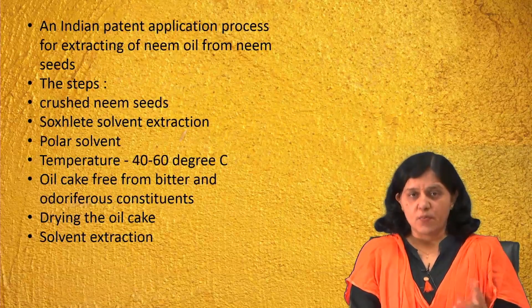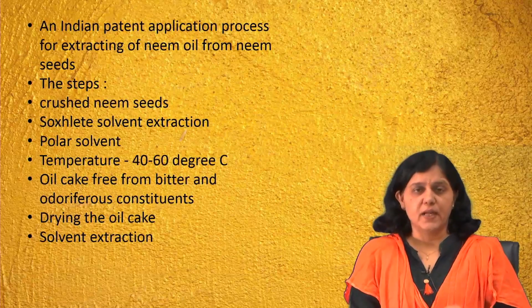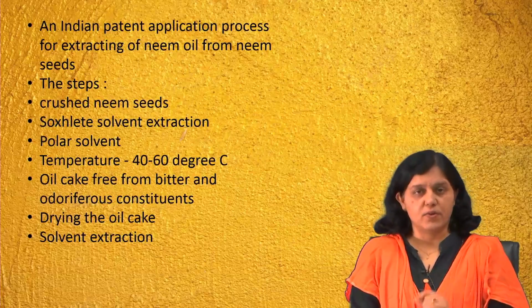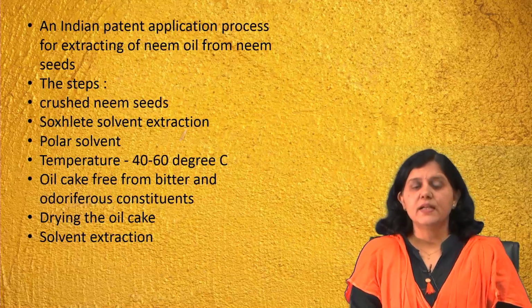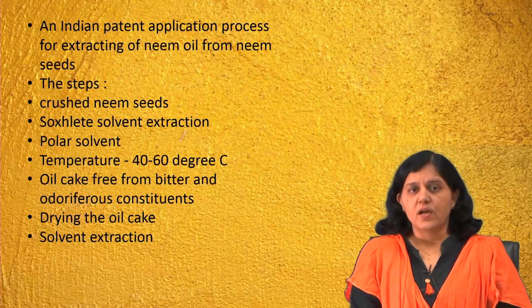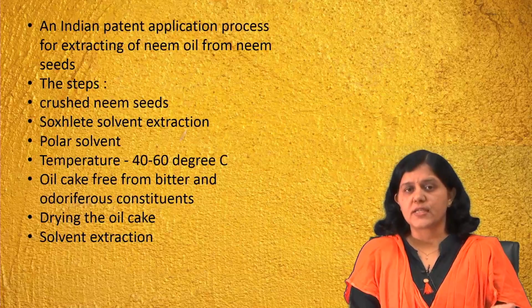There was an opposition against one of the Indian patent applications. Opposition is one of the processes in patent prosecution. As per the Indian Patent Act, there are two stages where oppositions can be filed.